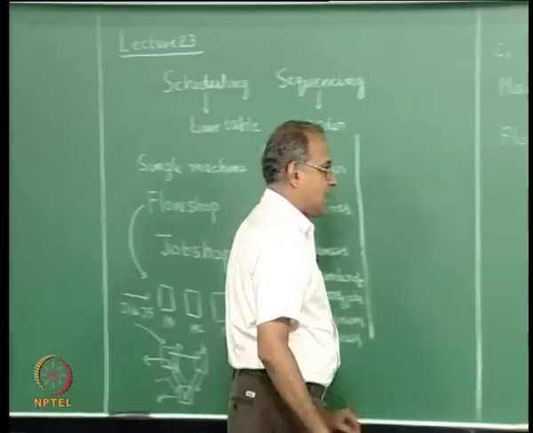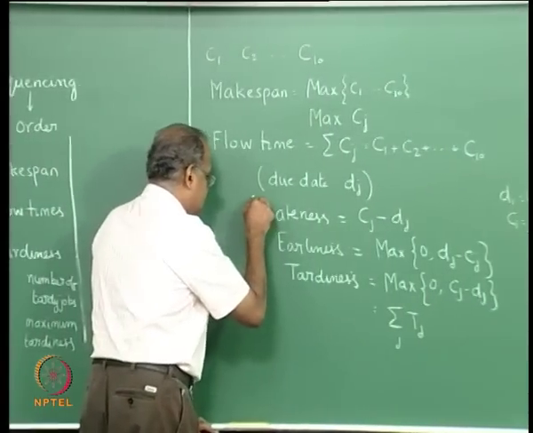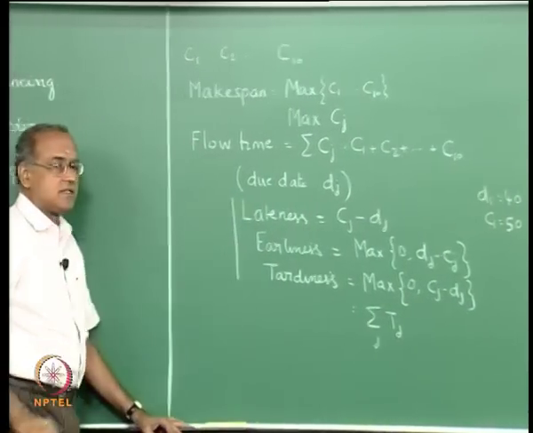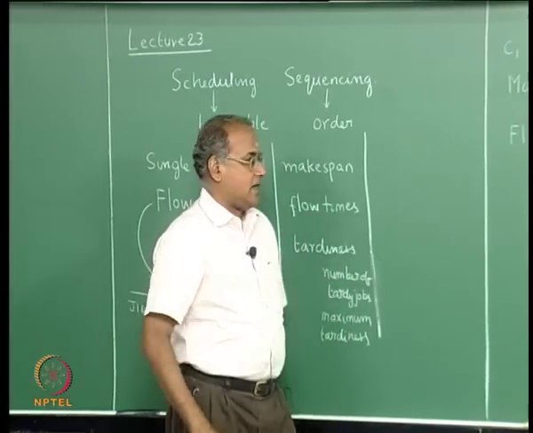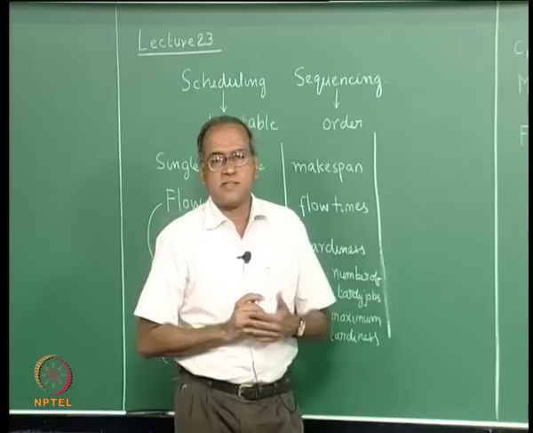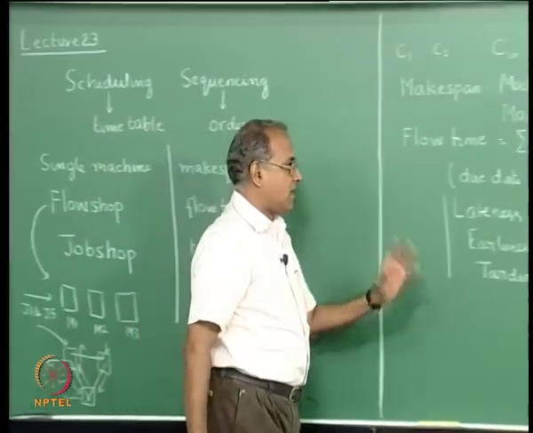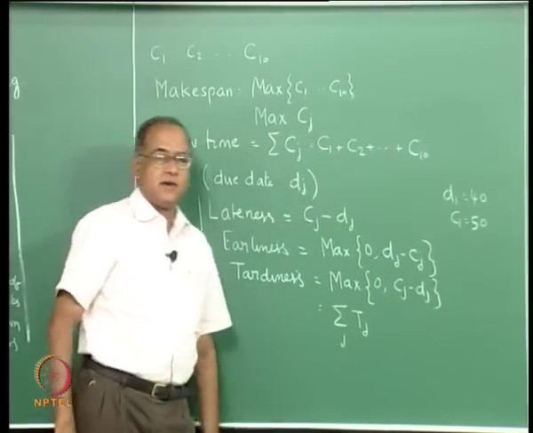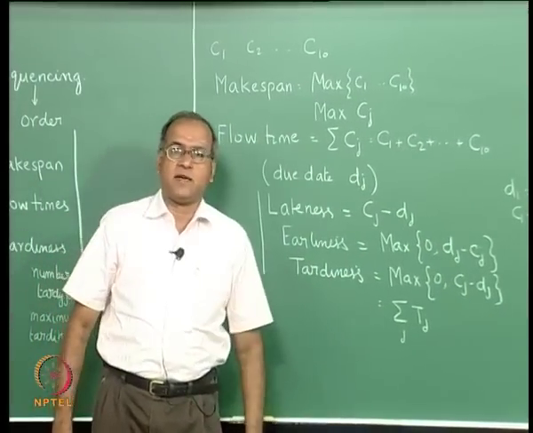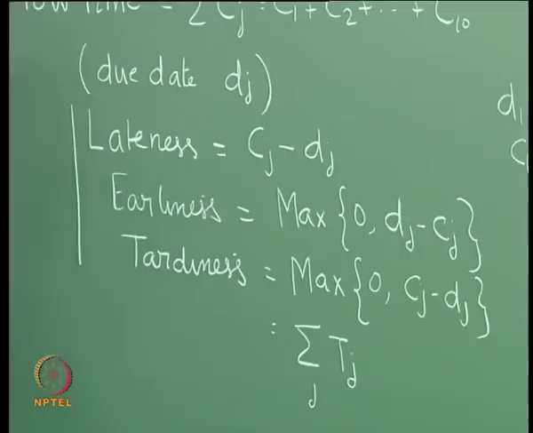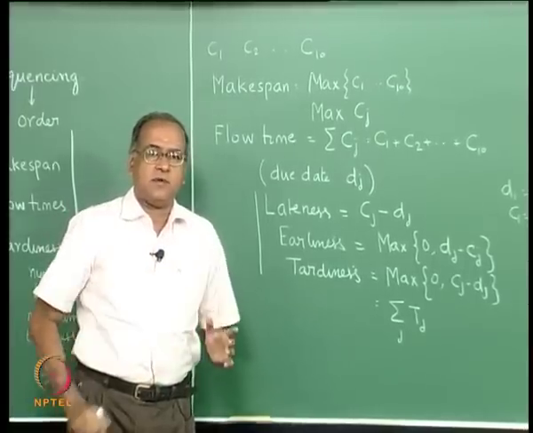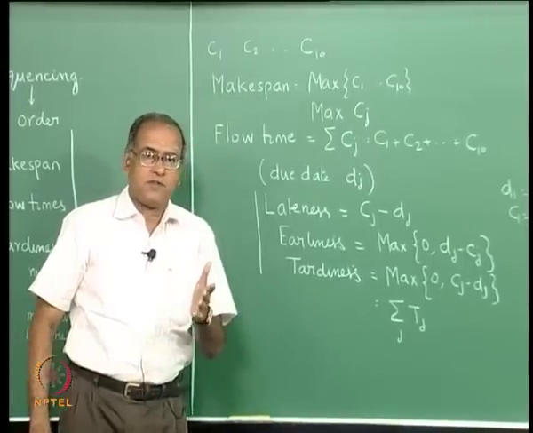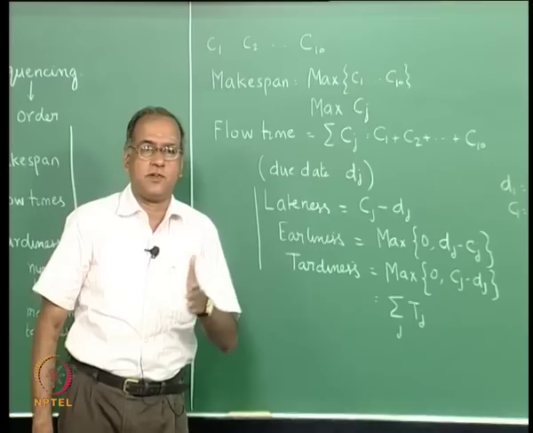In order to do that, let us visit these 3 terms again, which is lateness, earliness and tardiness. In a conventional manufacturing system, each job has a certain due date Dj and a completion time Cj. Now, we have defined earliness as the amount of time by which the job finishes ahead of its due date.